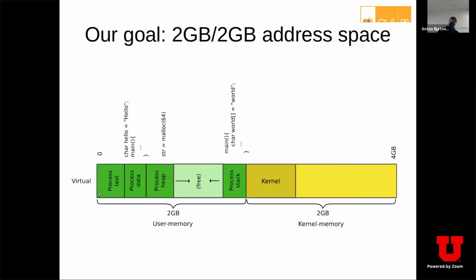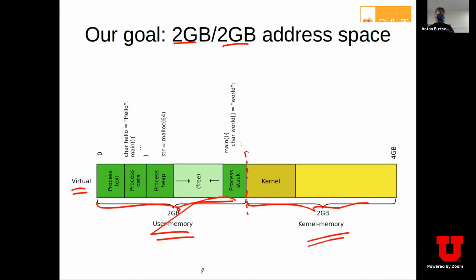Okay, let me take a tiny detour here. The end goal for the virtual address space for us is to have this 2 GB and 2 GB split. Essentially, only the lower half of the address space will be accessible to processes, and the higher 2 GB will be kernel memory. This is how we want it to be in the end.